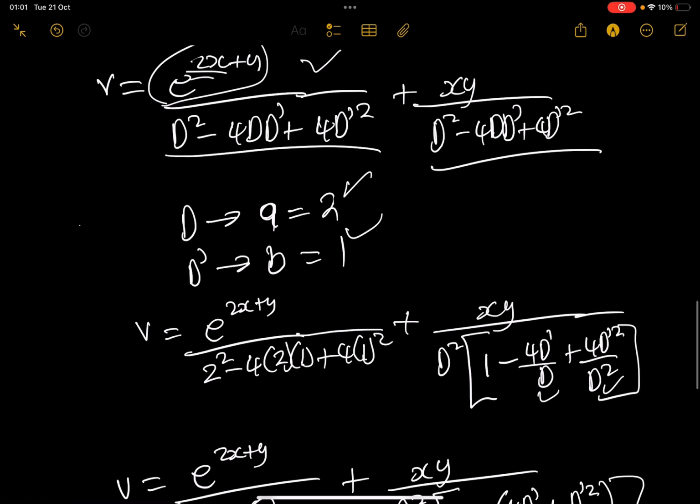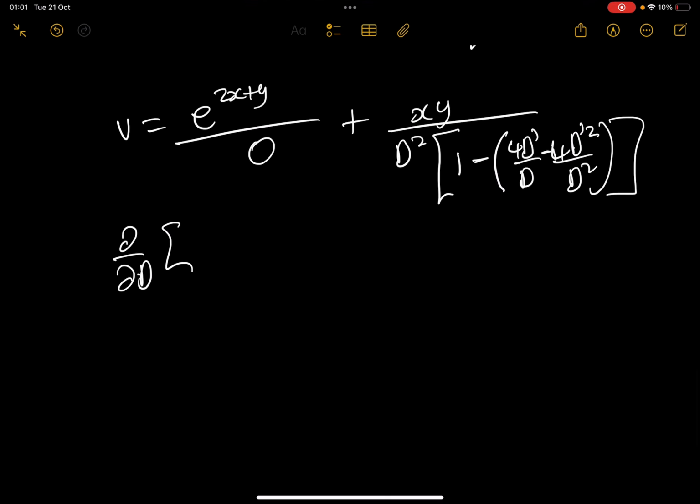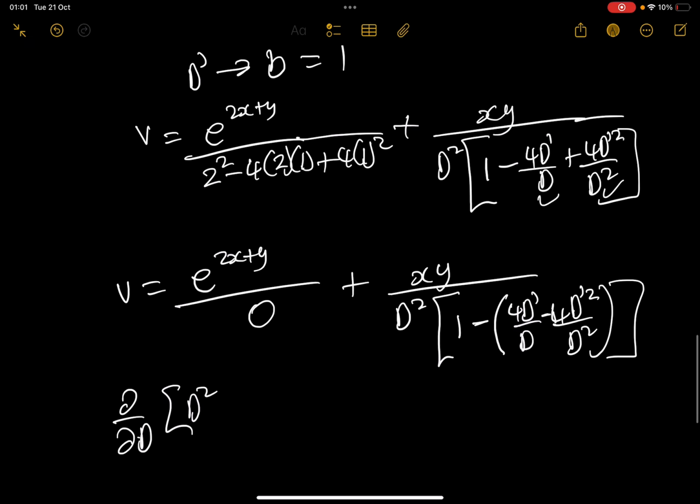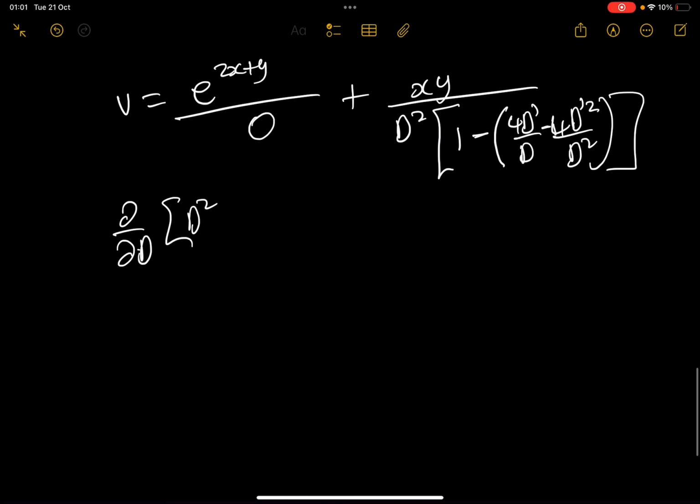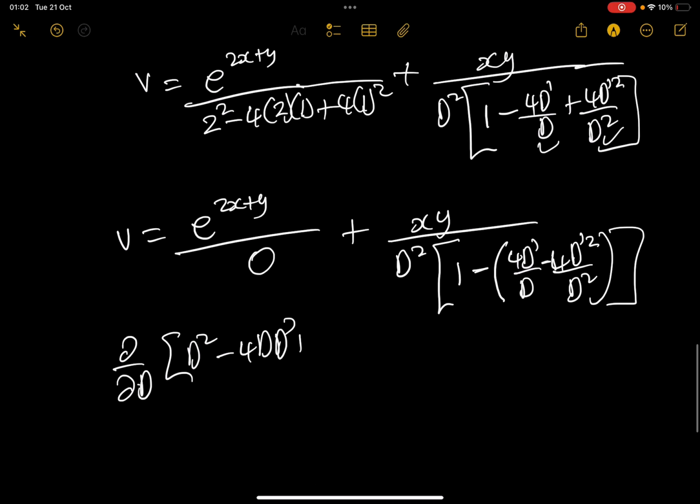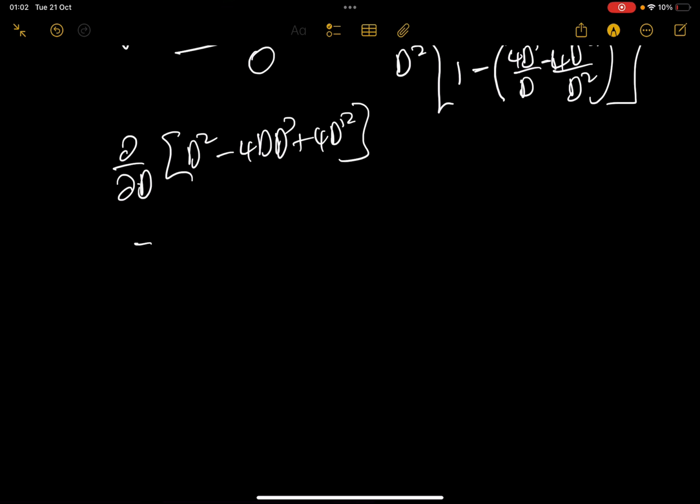So we're differentiating D squared minus 4D prime plus 4D prime squared with respect to D, and we're going to get 2D minus 4D prime. Now D prime is a constant here because we're differentiating with respect to D.